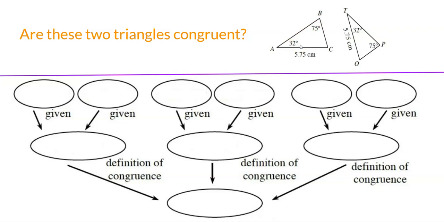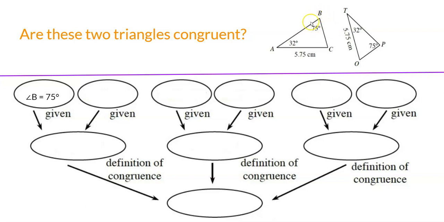Condition 4 was an angle, angle, side. I do have an angle right here, and I do have another angle, because remember you had to skip, and then I have a side right here. So this is going to be an angle, angle, side. When I set this up, I'm going to use my 75 first because that's going to be my first angle.